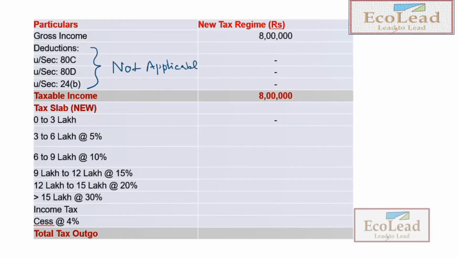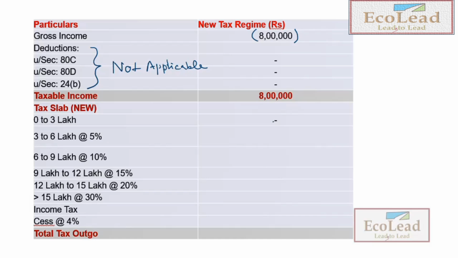So here the taxable income is nothing but the income given in the information, which is 8 lakh. The entire income earned is the taxable income.